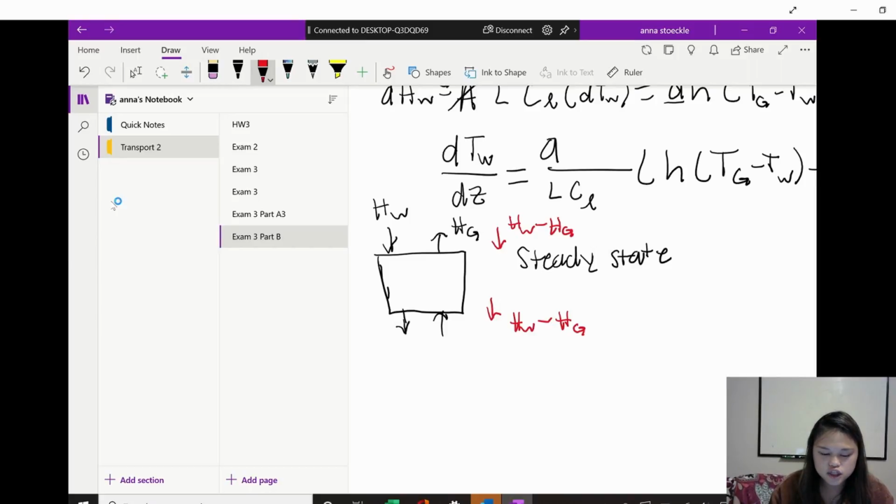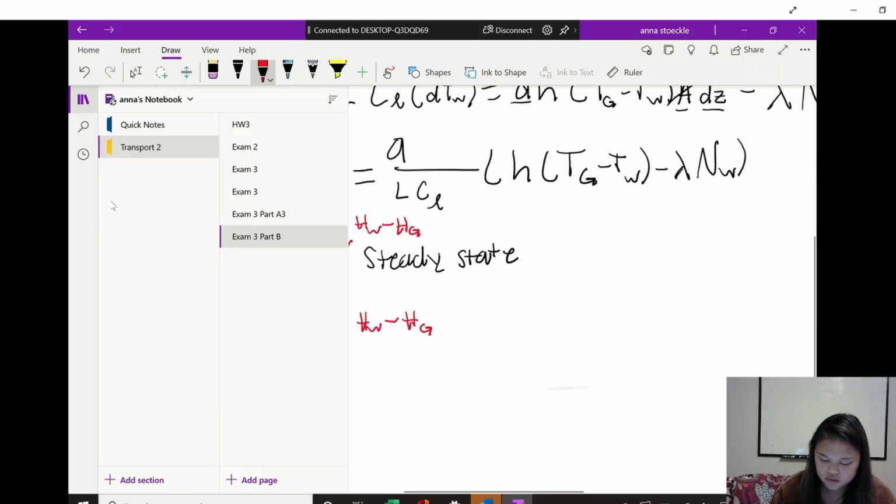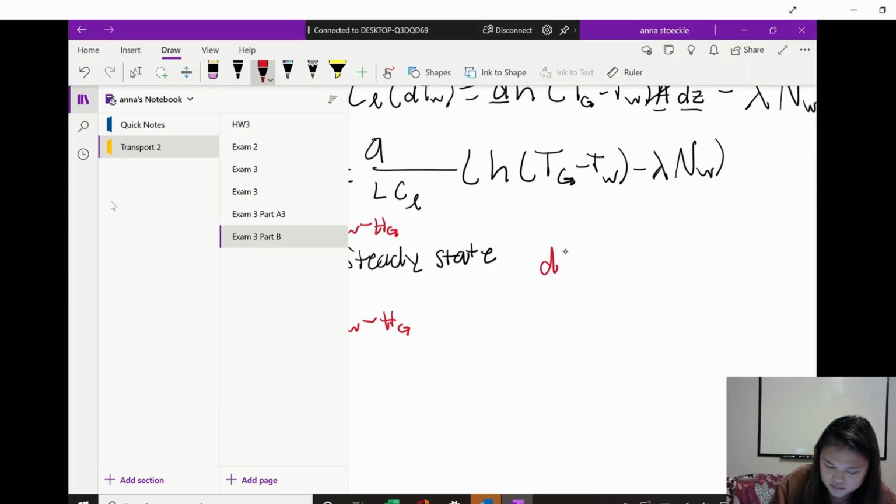And the change in this net enthalpy going down can be described as this, because of that steady state.